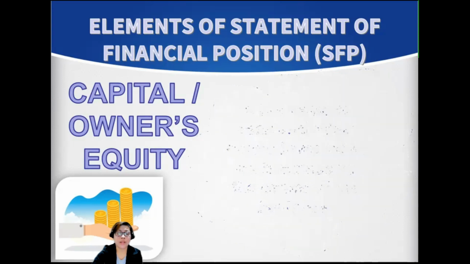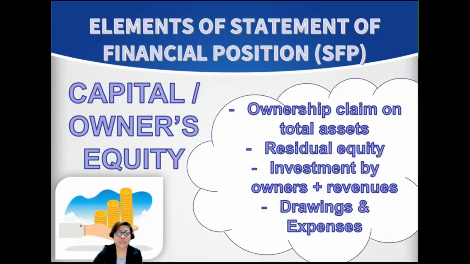Capital is also the ownership claim on total assets, residual equity, investment by owners plus revenues, less drawings and expenses. Drawings is a contra capital account debited for assets withdrawn by the owner for personal use from the business.